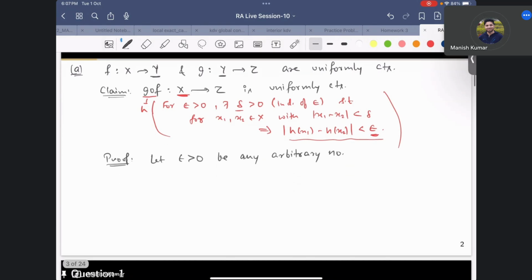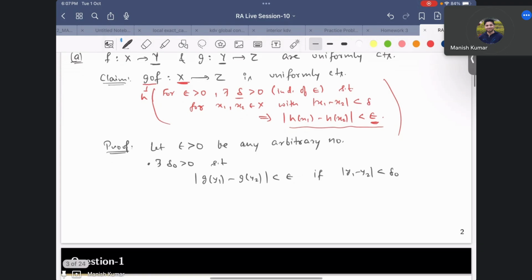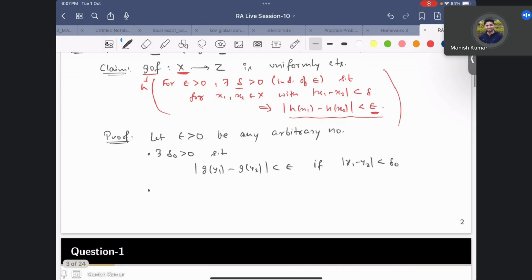Then we have been given that f and g are uniformly continuous. So the first thing is there exists some positive number delta 0 such that |g(y1) minus g(y2)| is less than epsilon if y1 and y2 are close, |y1 minus y2| less than delta 0, and f is uniformly continuous.